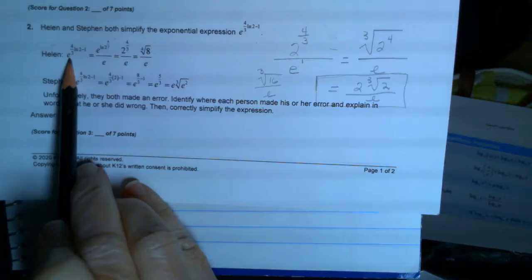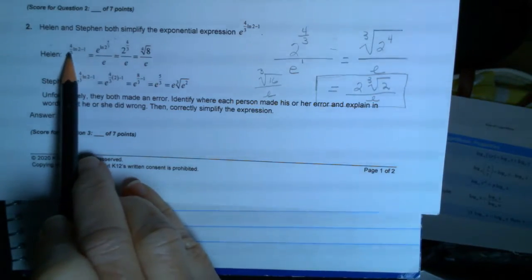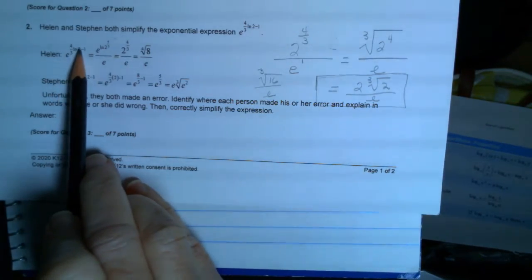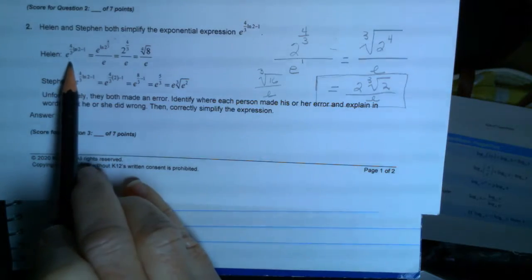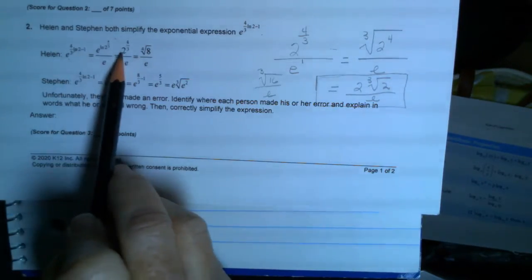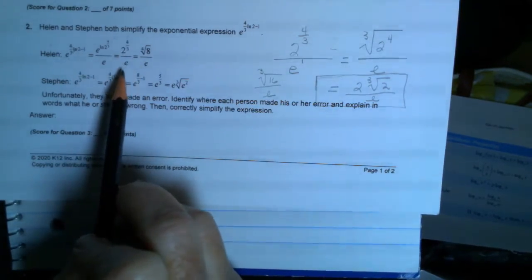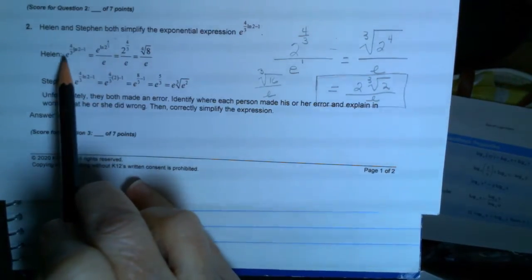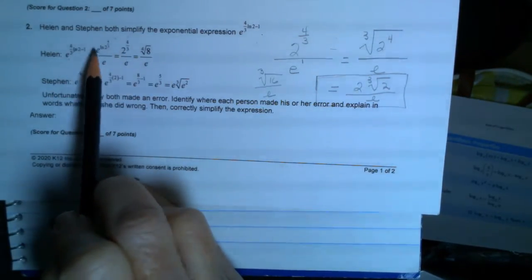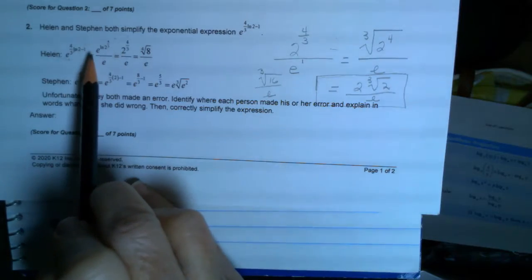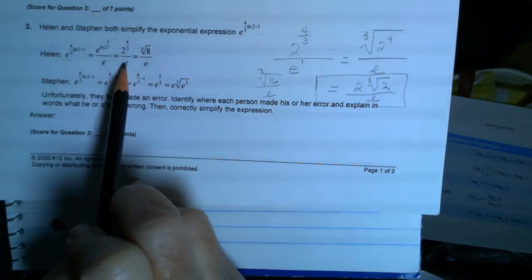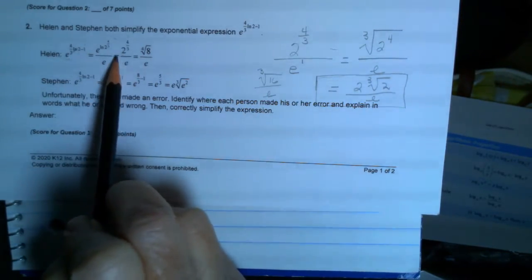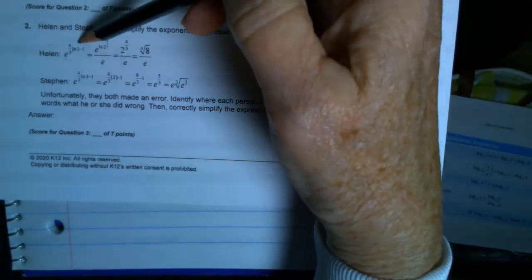So if we look at what Helen did, she got this e in the natural log, and then 2 to the 4/3. So she got that right. And she also got e to the first power, and she got the quotient property. She got that e down on the bottom. That's what subtraction means.